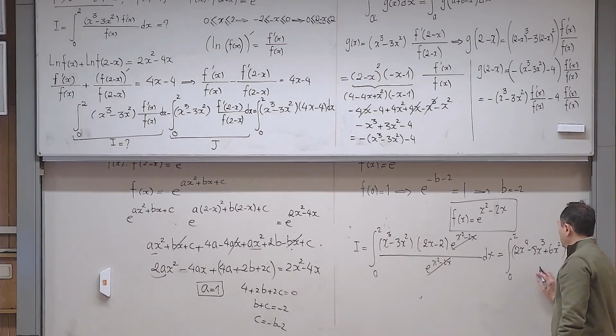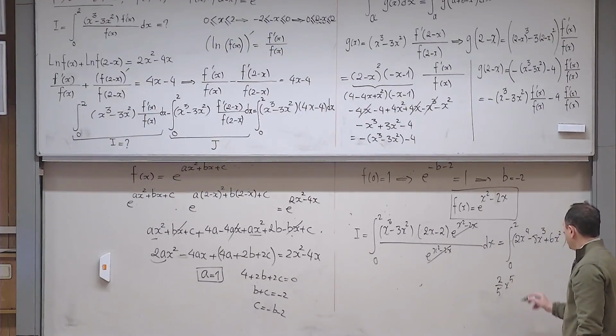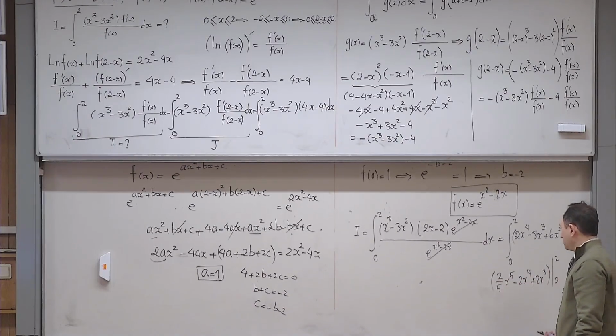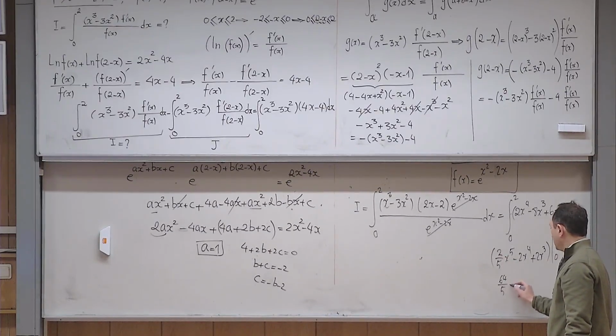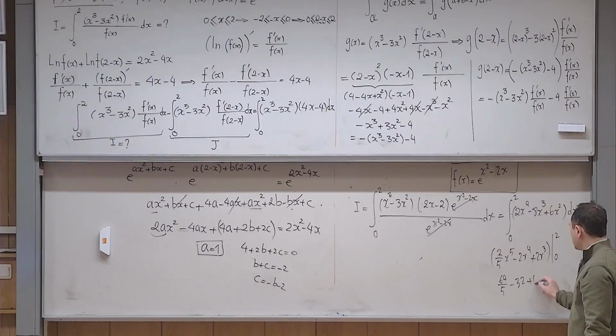And then I calculate this one, so it becomes 2/5 x to the power of 5. This becomes minus 2x to the power of 4 plus 2x to the power of 3. I have to run it from 0 to 2. So if I put 2 there, 64 over 5, and then I put 16, and then if I put it here, it becomes 16.